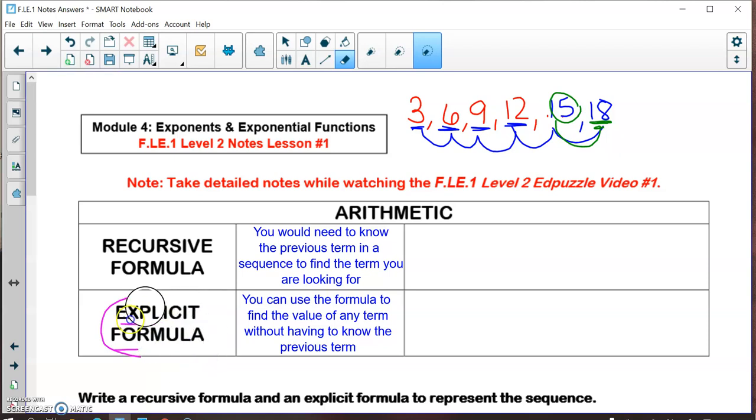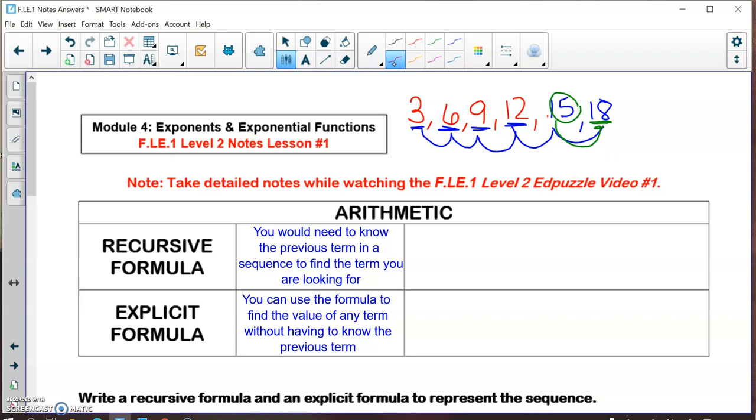The explicit formula is when we are trying to find high term numbers, maybe the 27th term or the 108th term. We don't want to continue our pattern for a very long time because that will take us a long time.